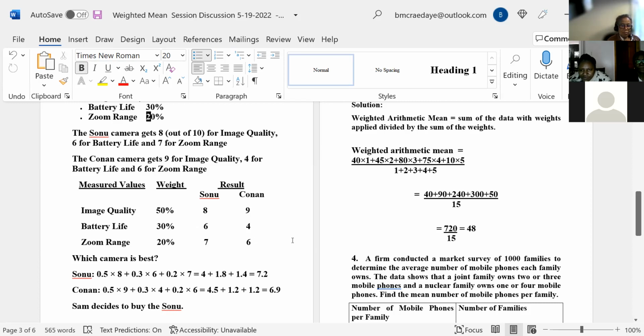So do I say 50%, then say 0.50? Well, if you say 50% for the price, then it would be 0.5 times the price of TV1, and 0.5 times the price of TV2.